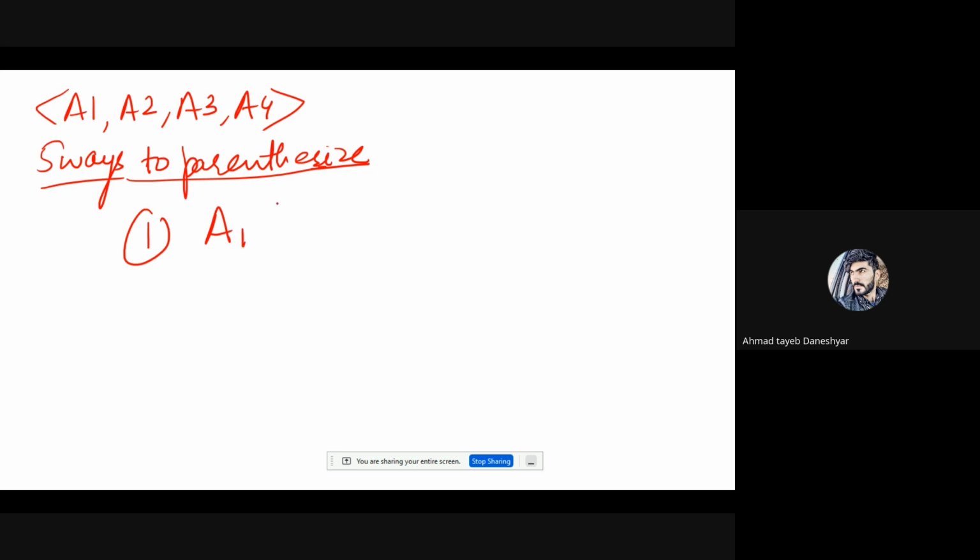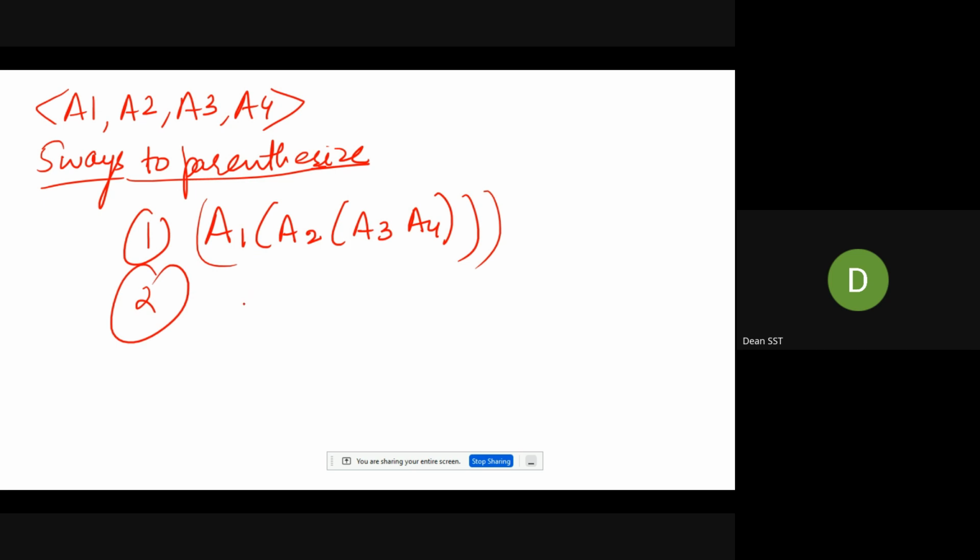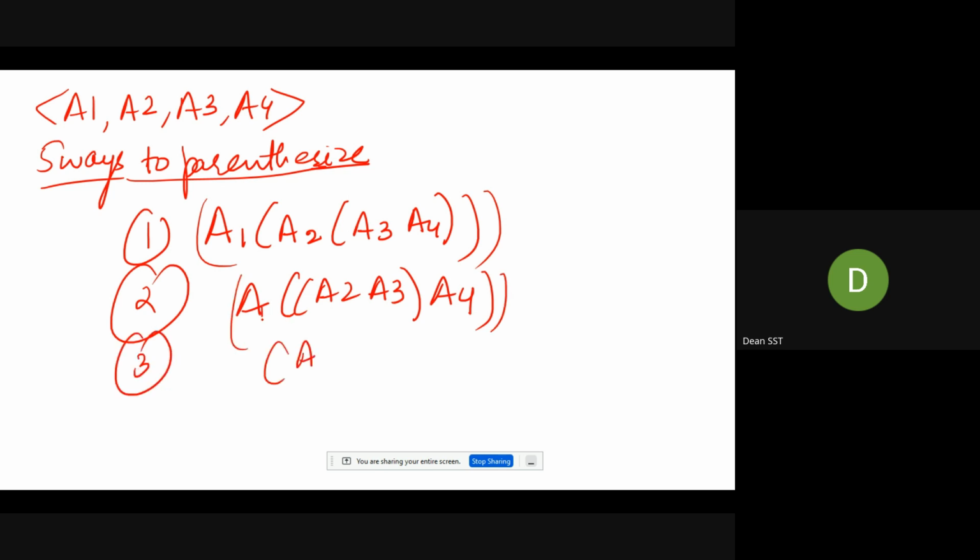Yes, ma'am. First can be A1 into, then A2 into A3, A4. Fine. It can be like this. Second can be A1, A2, A3 together, then A4. Third can be, we can multiply A1, A2 and the result with product of A3, A4.